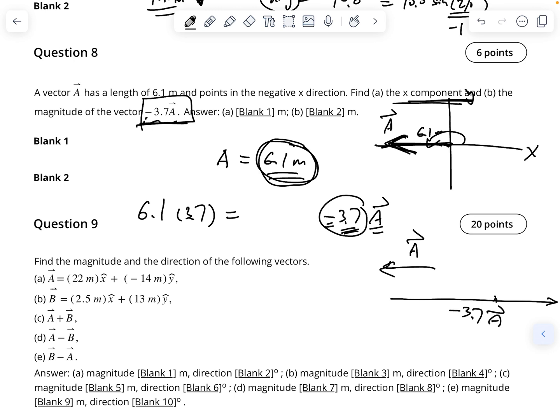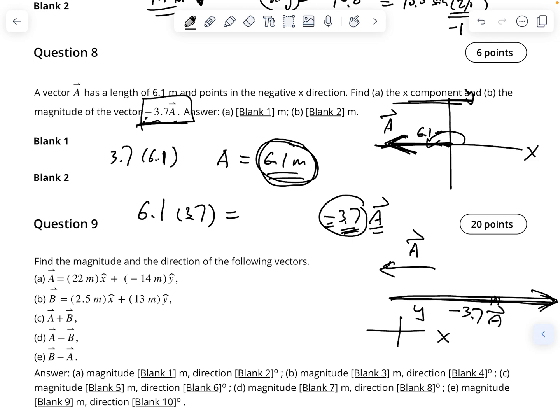What is this vector's magnitude? What's this guy's x component? You can tell this vector is in the positive direction, right? So the x component will be 3.7 times 6.1. The direction will be 0, right? So this is x and y.